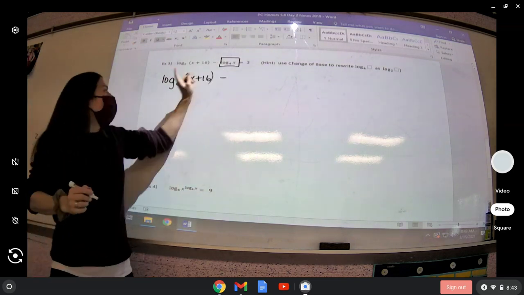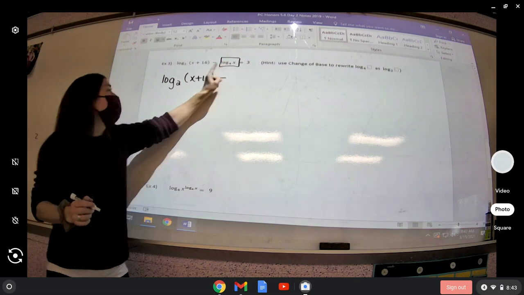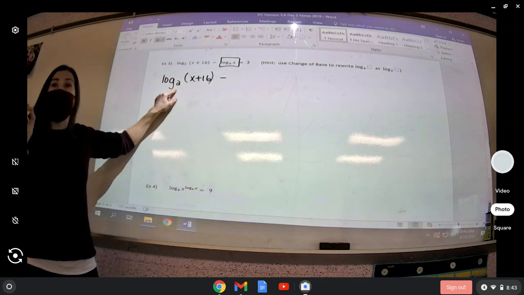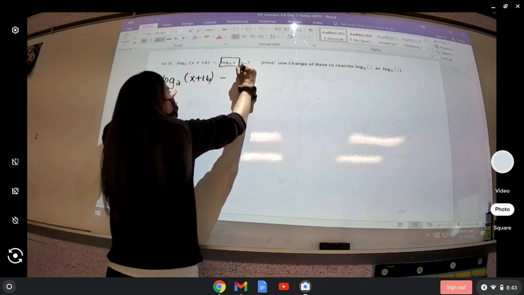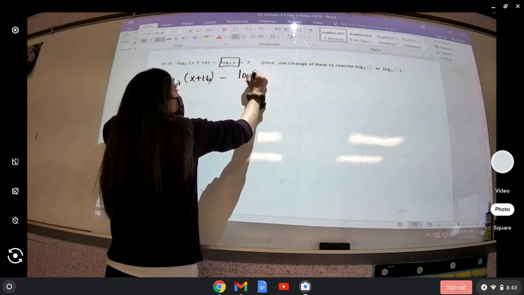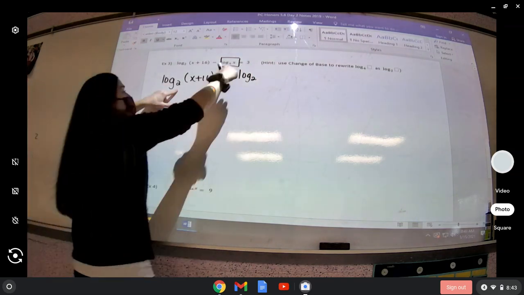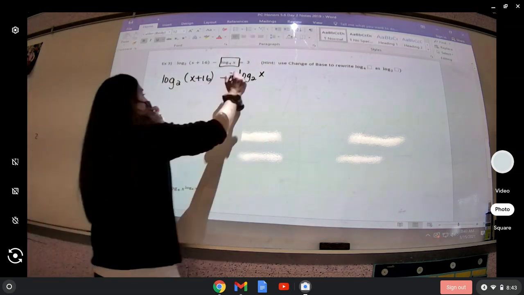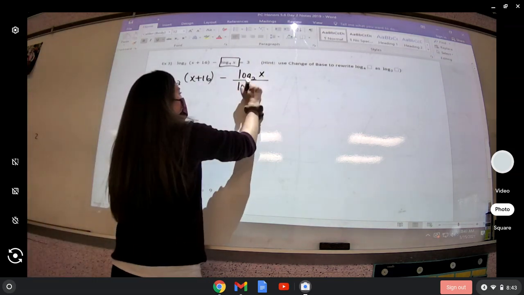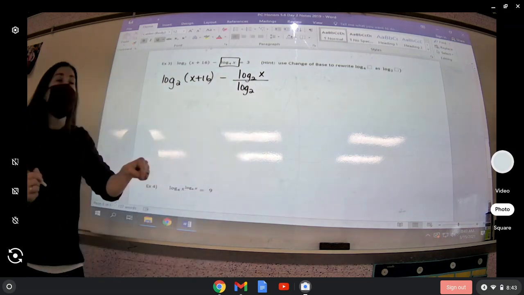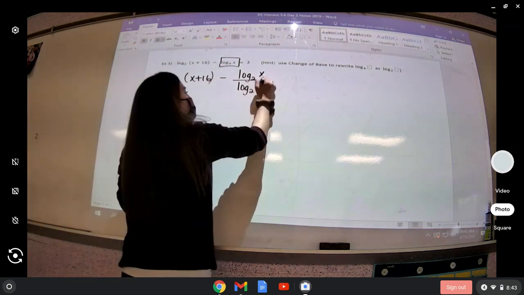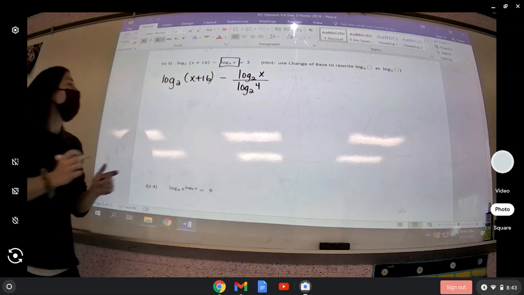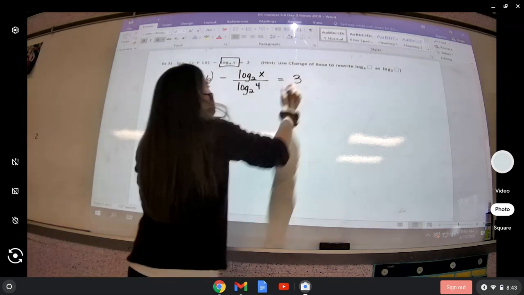All right, we're changing this log base 4 to a log base 2. So your change of base formula says this becomes log, the new base, which is 2, of who you were originally taking the log of, which was x, over log, the new base 2, of your old base 4. Okay? And then that equals 3.